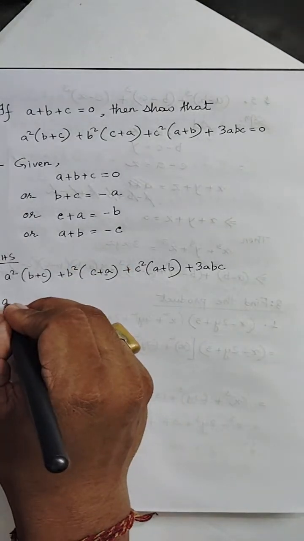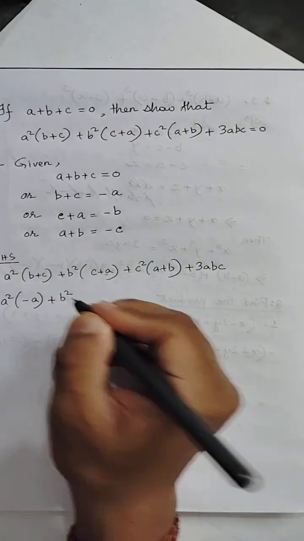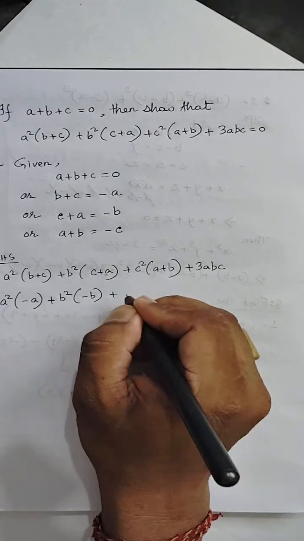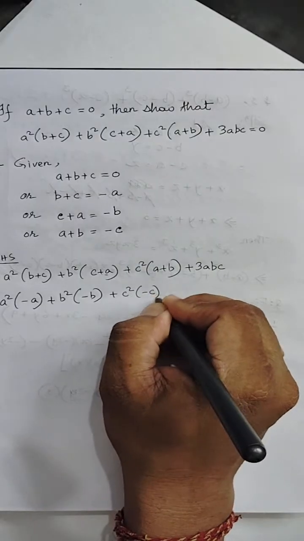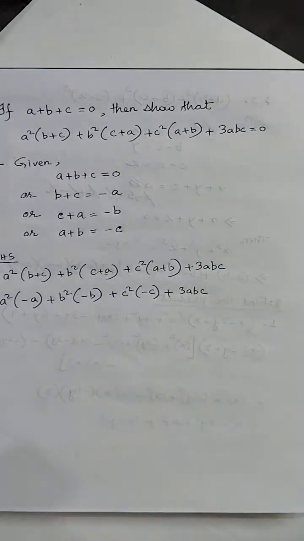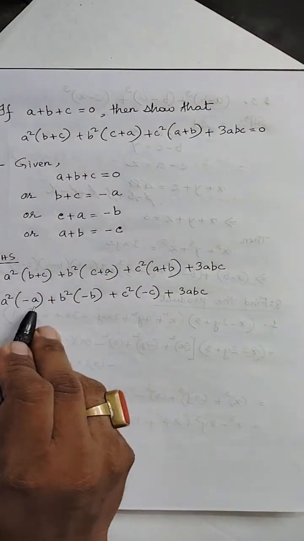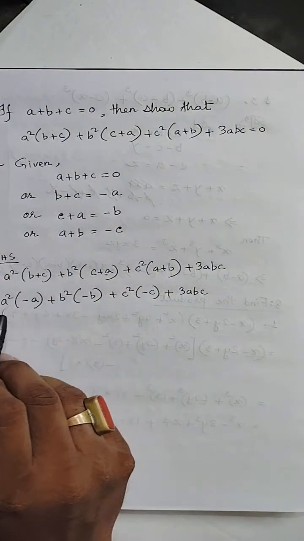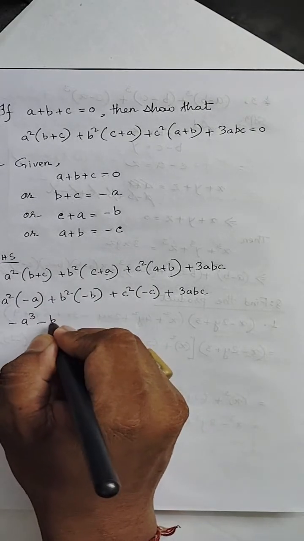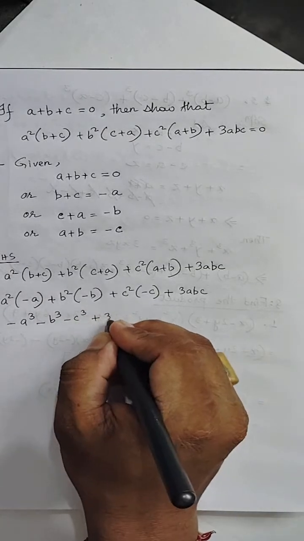So this becomes a square into minus a plus b square into minus b plus c square into minus c plus 3abc. a square into minus a will give us minus a cube, this will give us minus b cube, this will give us minus c cube, plus 3abc.